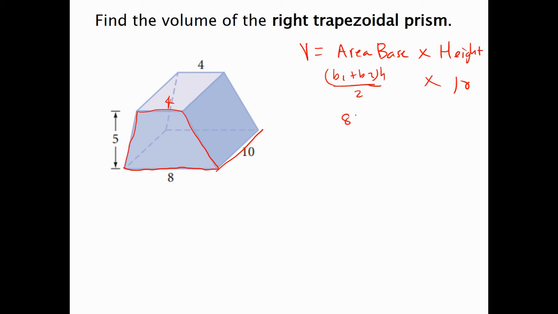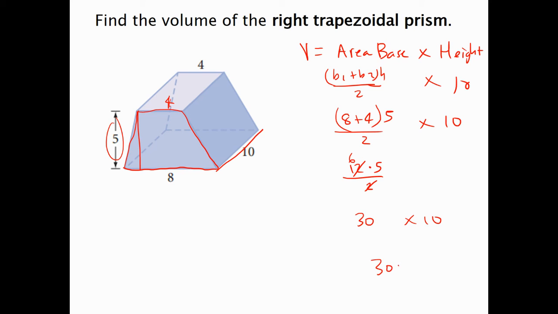So base 1 plus base 2, 8 plus 4, times the height, which is given right here, it's 5, divided by 2. And then all that times 10. So 8 plus 4 is 12, and then we can kind of make this easier by hand by cutting this in half. 6 times 5 is 30, and then times 10, 300, let's just say centimeters again for the volume.